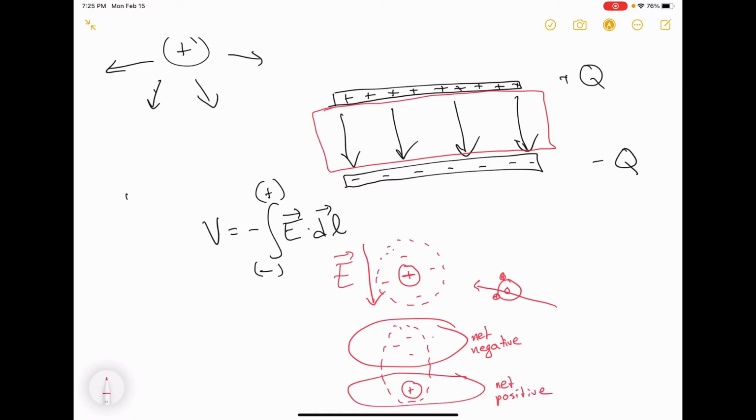And this separation of charges sets up an internal electric field that we're going to call E_B, because it's related to the bound charges that can't move around. That is in the opposite direction from the external electric field.